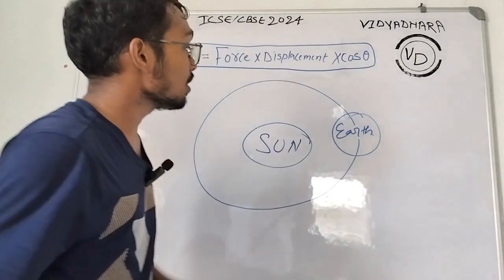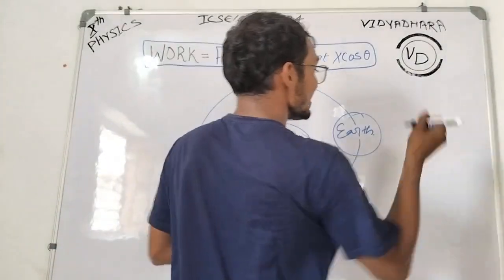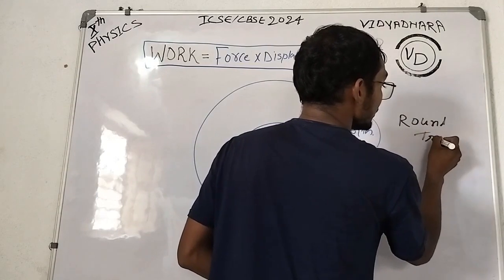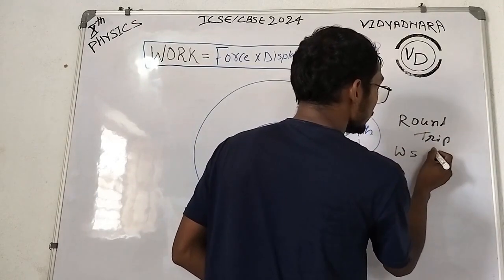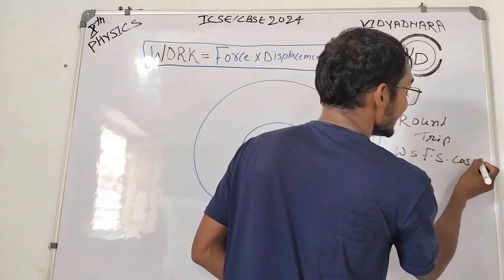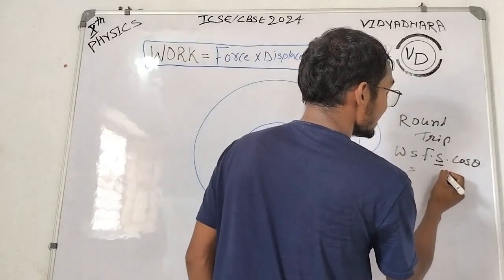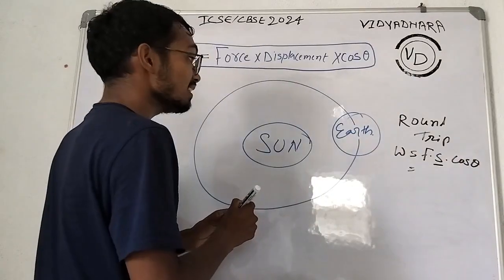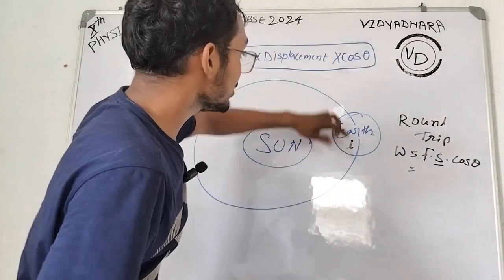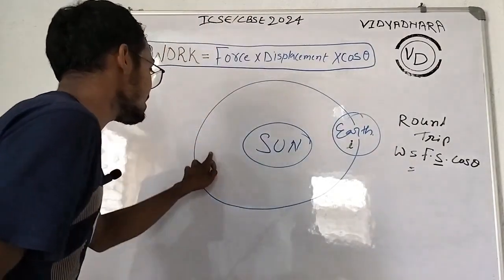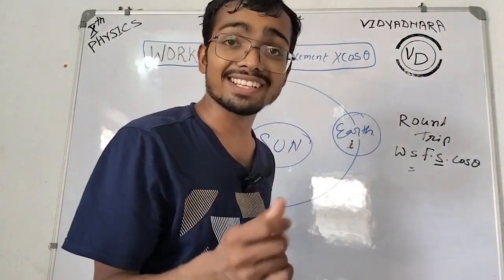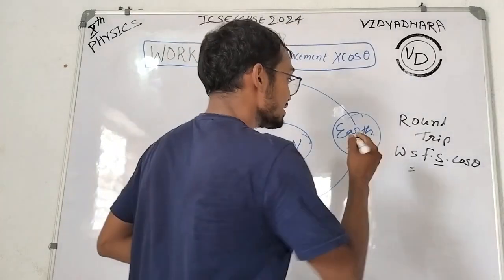What is the work done in a round trip? In the earlier study of a round trip, work done is equal to F into S into cos theta. So what? Displacement is 0 when the initial point is this and the earth revolves around and stops here. So what is the final displacement?